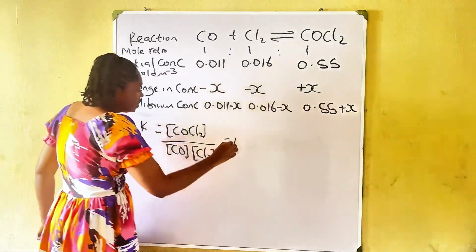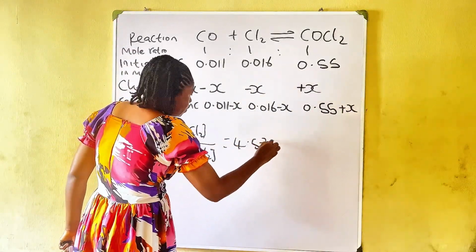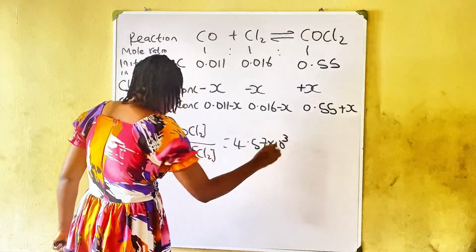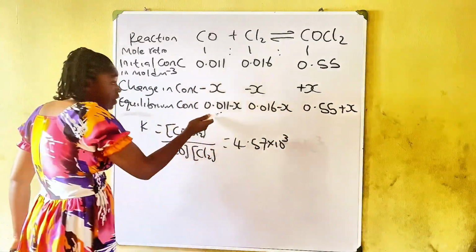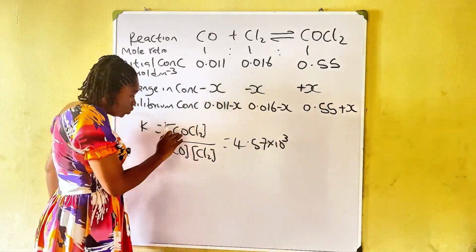What's the equilibrium constant? 4.57 times 10 raised to the power 3. So I'm going to substitute these concentrations into this.